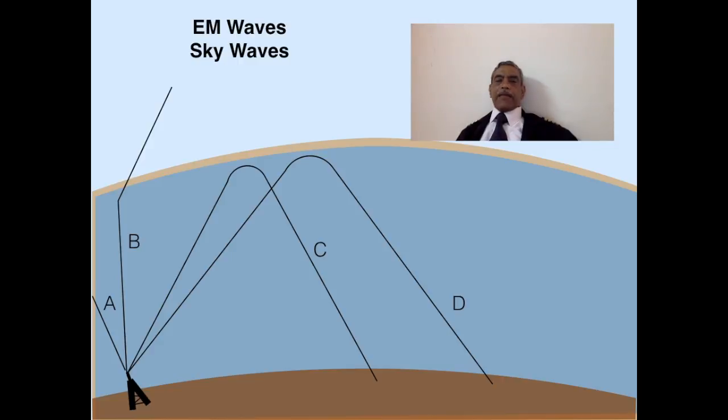B will also escape into the atmosphere, as it's not at a convenient angle. And the third wave called C, and thereafter D, is able to bend fully and return back to the Earth, thereby giving us longer ranges.